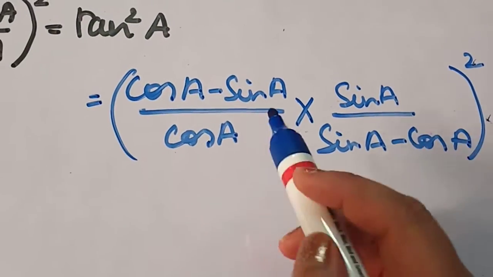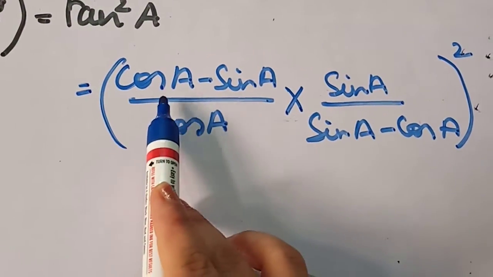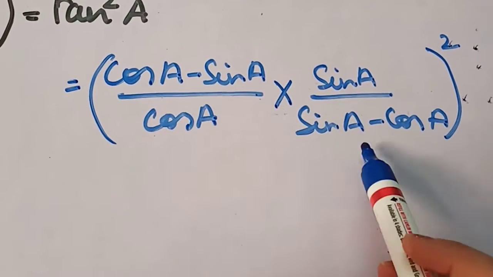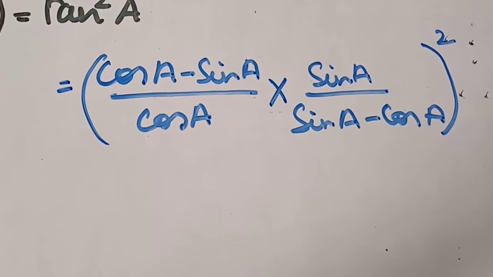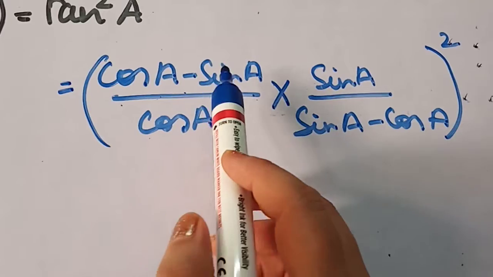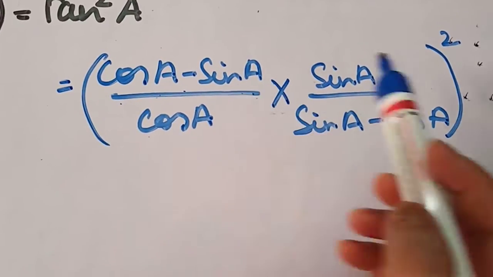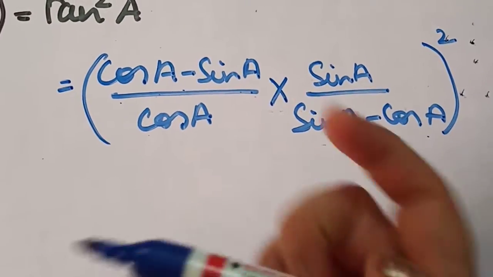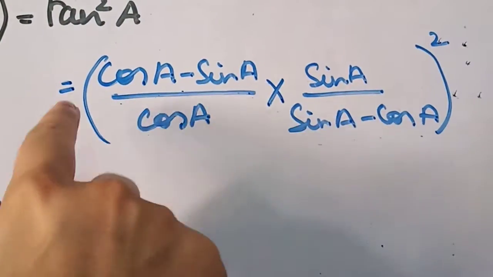Now we can cancel this one, but there is a difference of minus. It is cos A minus sin A, and it is sin A minus cos A. Can we converse it and take minus common?